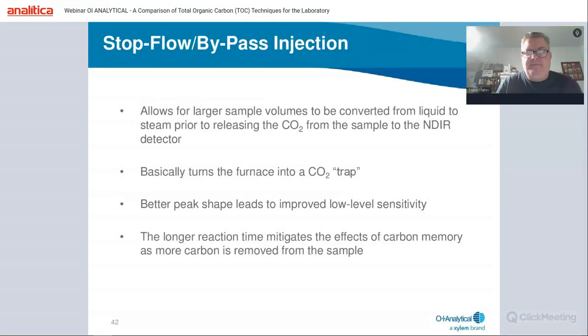With the stop flow bypass injection, larger sample volumes are converted from liquid to steam prior to releasing the CO2. Basically it turns this furnace into a CO2 trap. You get better peak shape, and the longer reaction time mitigates the effects of carbon memory as more carbon is removed from the sample.